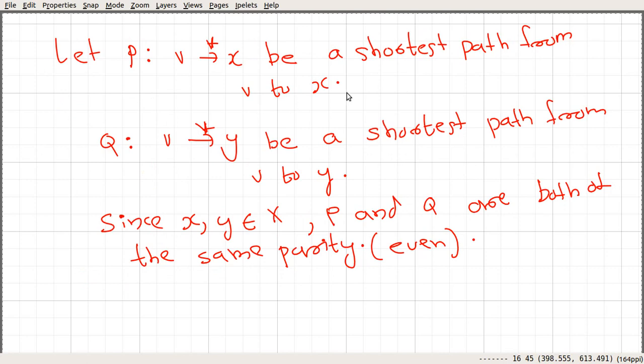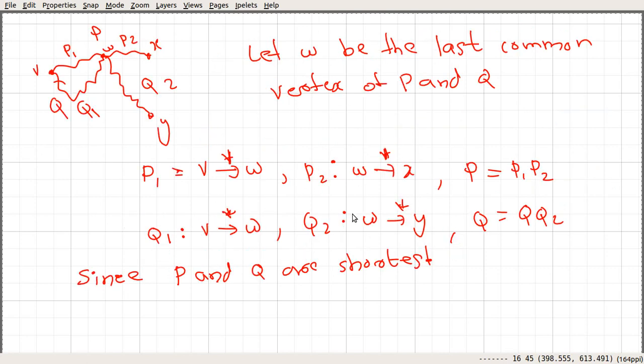Shortest path from B to X and shortest path from B to Y. Since P and Q are shortest, it follows that the length of P1 must be equal to the length of Q1. Let's see why that must be the case. The length of this portion must be equal to the length of this thing.